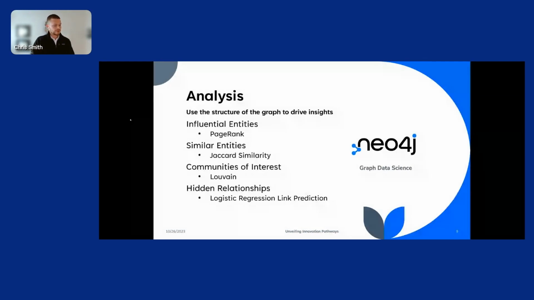This hidden relationships piece gets us into the realm of thinking about how we are going to unveil what we call innovation pathways, right? And this is going to tell us, should these two things be connected? In the case that we're looking at, being able to assign some probability that authors contributing on different lines of work or effort inside of our graph should be connected is extremely interesting for us.